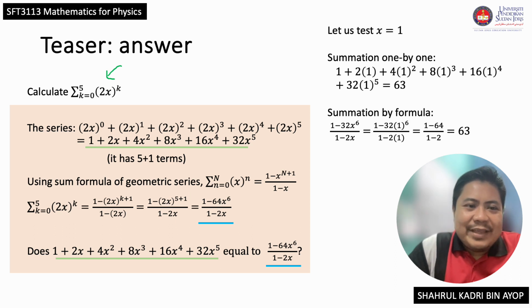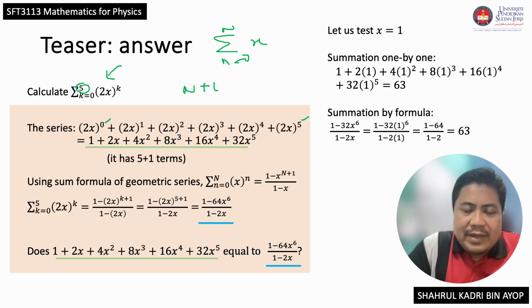So what we can do is expand it, from 2x to the power of 0 to 5, because the last term is 5, so that means we have 5 plus 1 terms. So we can have the index going from 0 to n, where this is x^n. So we make an equivalence between these two, and then we have this summation. All right, so it has 6 terms, right?